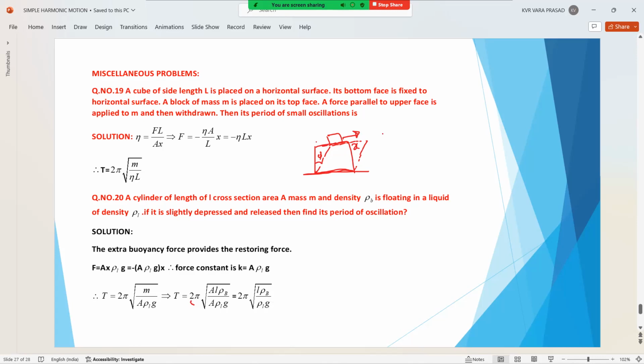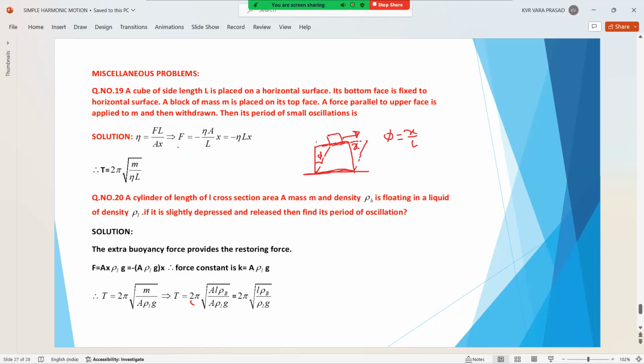We know that shear strain equals x by side length L, right? Now see what the restoring force is. Taking shear modulus eta equal to F by A, that corresponds to shear stress, and x by L corresponds to shear strain.